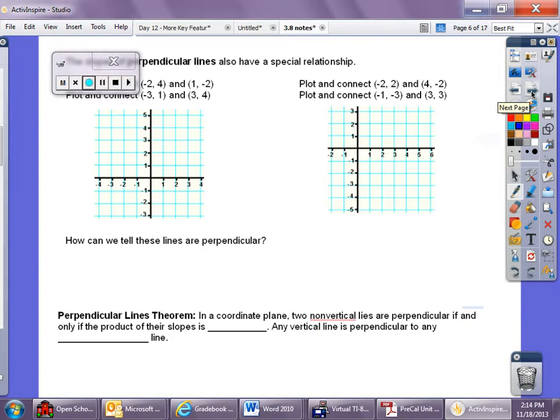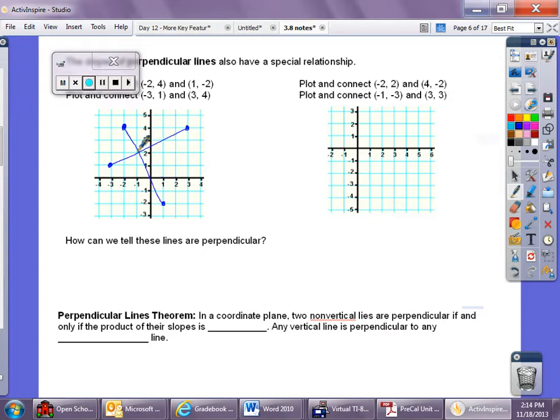If we look at the next part, this is our perpendicular lines. What special relations do they have? We can plot these points (-2, 4) and (1, -2), connect them, and then plot (-3, 1) and (3, 4). We can connect them. If you need more time, you can always pause this.